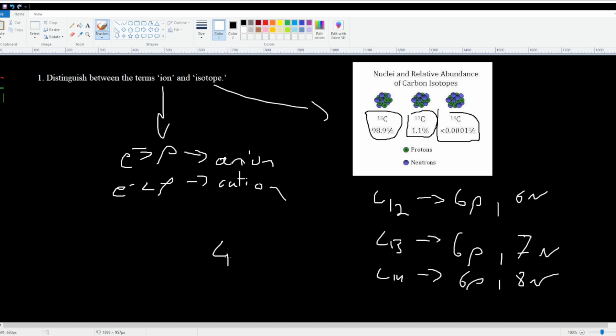Once carbon 14 splits, energy is released, and it turns into some other element. This has to do more with nuclear science, but that's the difference between ion and isotope. Ions are charged. Isotope has to do with the number of neutrons and instability.